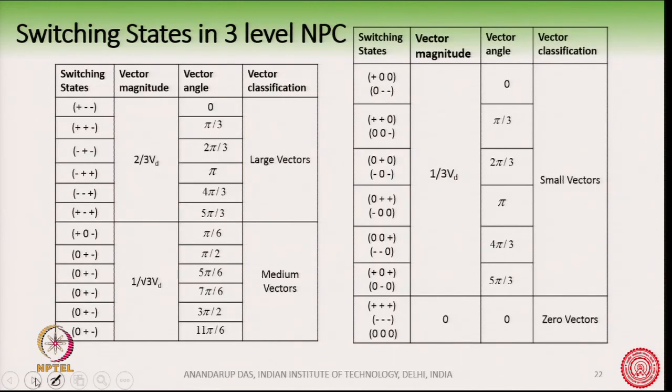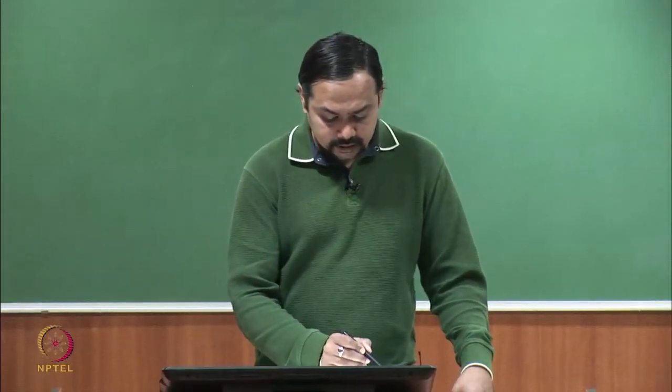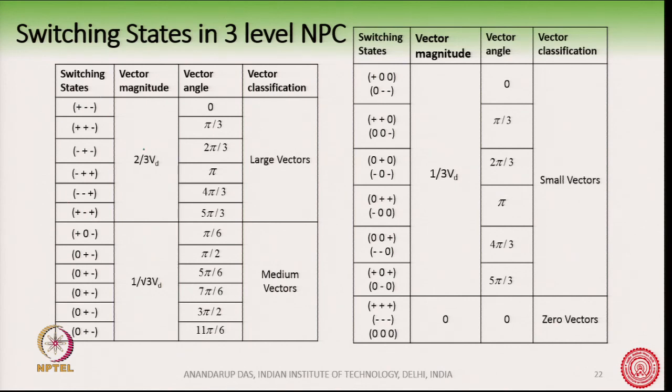So, this table here is kind of a summary of what we were talking about. You can see here that the large vectors have a magnitude of 2/3 Vd, and they are placed at 60 degree intervals, and these are the switching state combinations for producing these vectors.